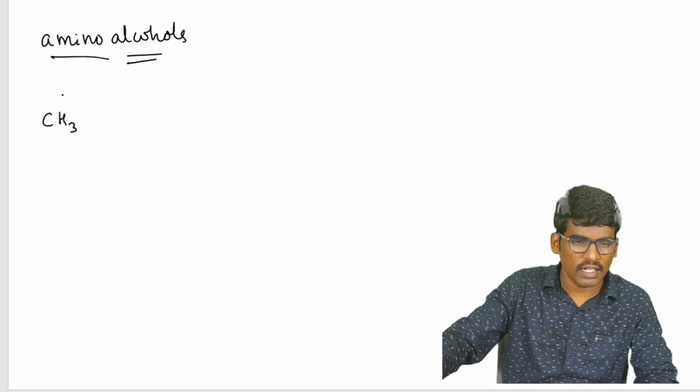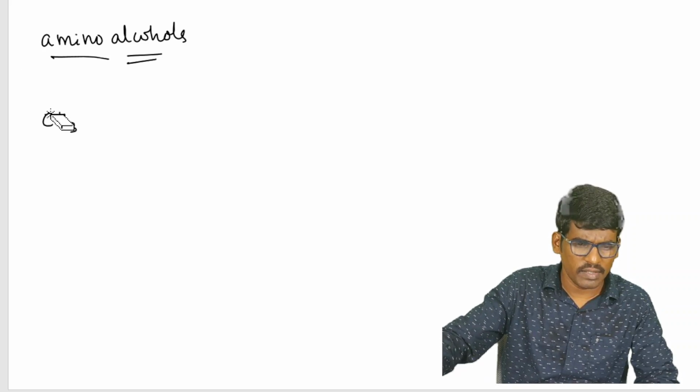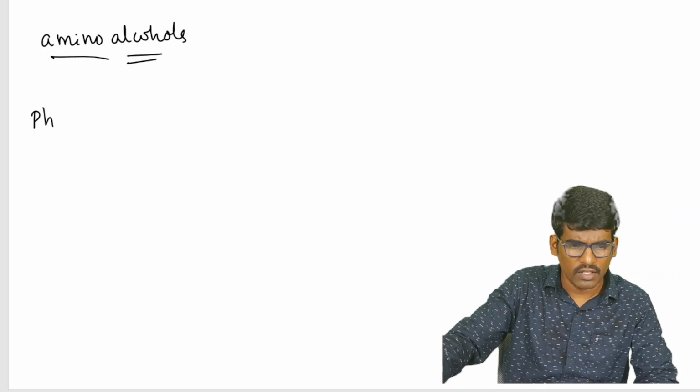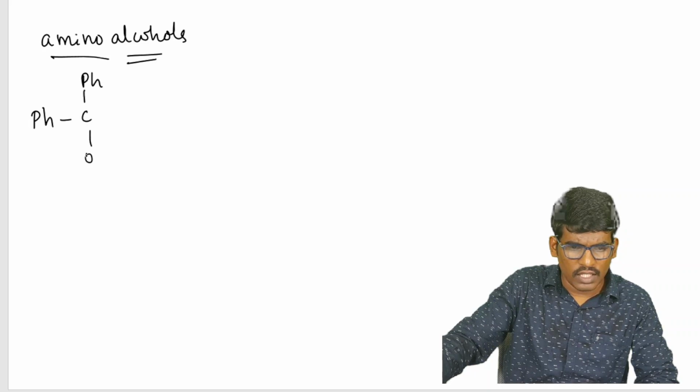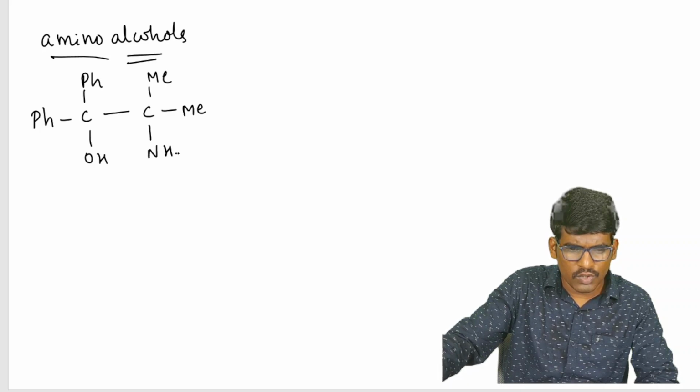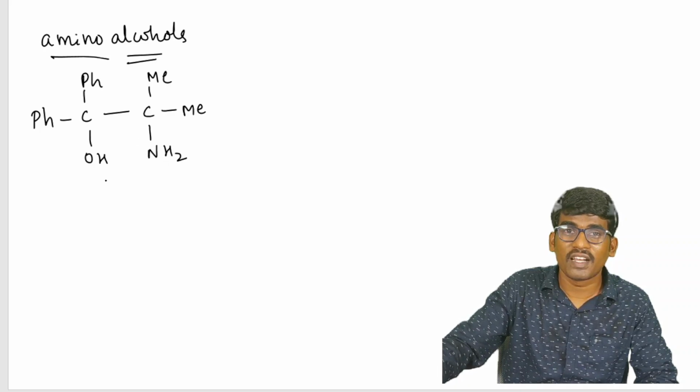How come? Let us say I'll be taking this time Ph. CH3 we have already taken; this time I'm taking the phenyl group. It is CPh and it is OH, and it is CMe, a methyl group, and also a methyl group, and here an NH2 group is attached. An amino group is there, an alcohol group is there.